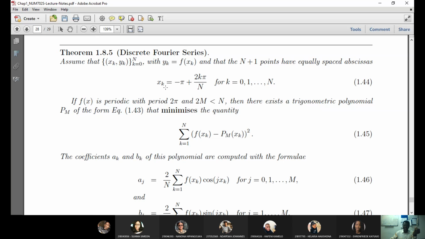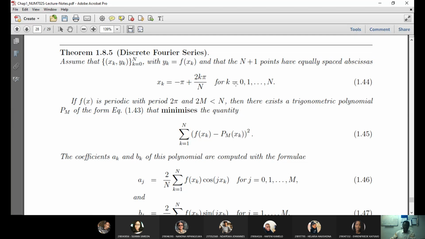So x_k is not chosen randomly, but has a particular structure. What is our interval? Negative pi to pi. That is the interval that we are using, and we discretize that interval using this x_k.